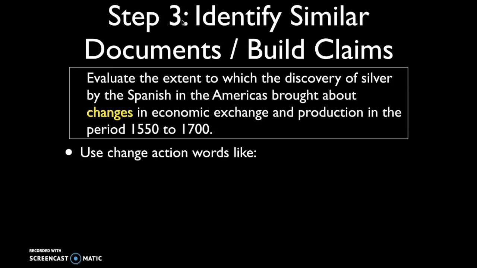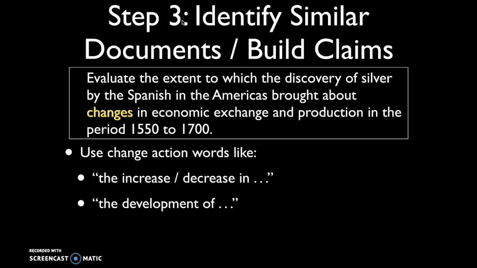So when you're writing claims that are about changes, you want to maybe try and use some change action words. So words like the increase or decrease, depending upon what you're identifying, the increase or decrease in, or the development of, or the growth of, or the spread of. All those are good words to start to work towards building change claims.